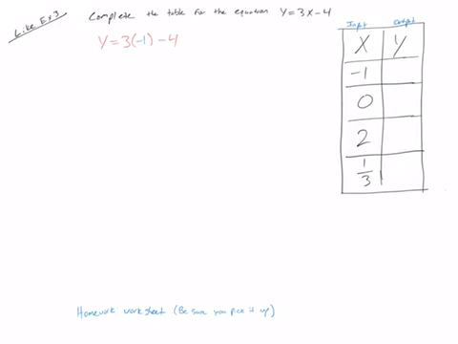This is going to give me y is equal to -3 minus 4. They have the same sign, so I add them. That means my y is going to equal -7. So whenever I plug in a -1 as my input, my output is a -7 when I'm using this equation.